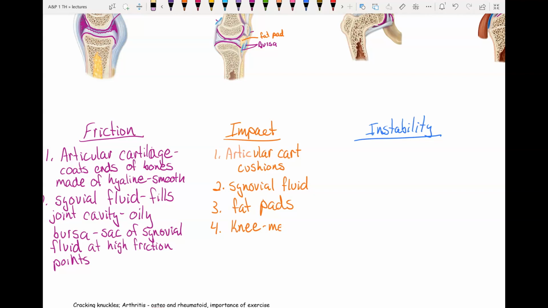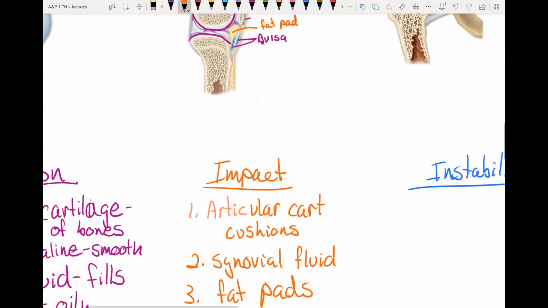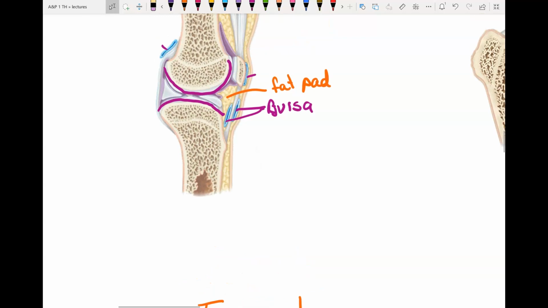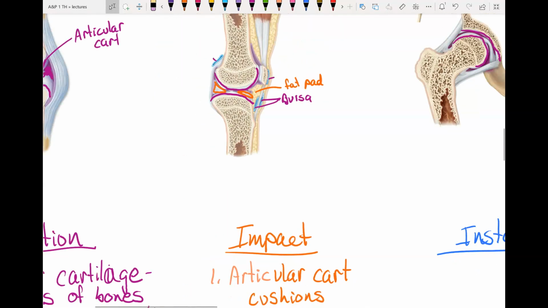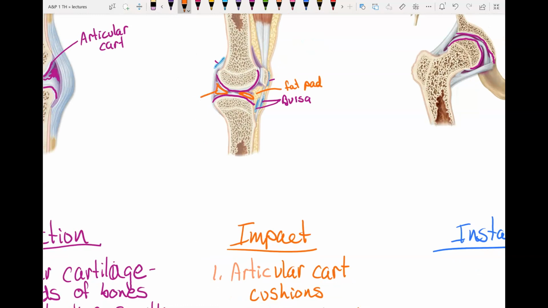You may have heard of like the meniscus of your knee. So menisci is plural, meniscus is singular. And remember, these are not found everywhere in the body. Only your knee has menisci. So you can see them right here. This is one, and this is one. Each knee has 2 menisci in it. And these are fibrocartilage pads that cushion.